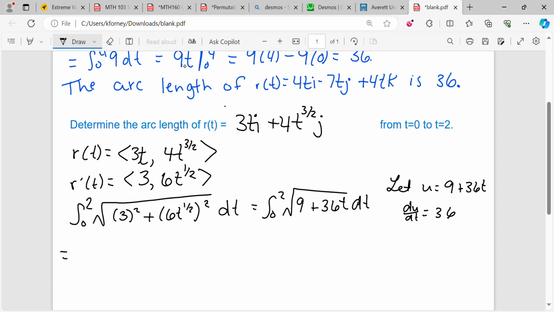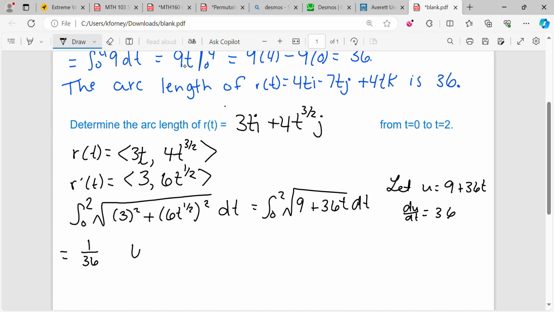And so that lets me know that we're going to use a 1 over 36 when we are integrating. So we know we're going to have a 1 over 36 from the derivative portion.